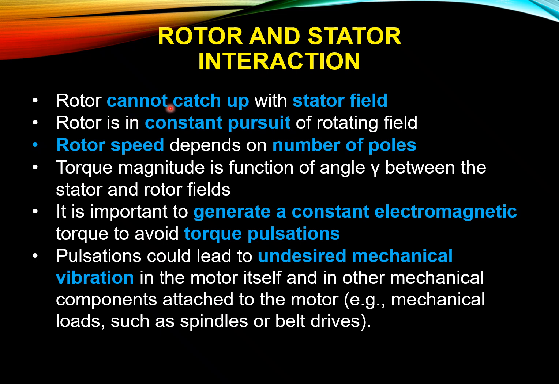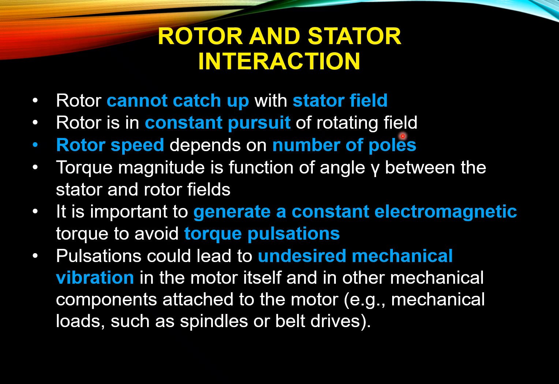So it cannot catch up, meaning the speed cannot be the same, or the position cannot be the same. Usually the rotor will be out of phase. The stator field will lead and the rotor will follow. That's why it's written here: a rotor is in constant pursuit of the rotating field. It constantly follows.